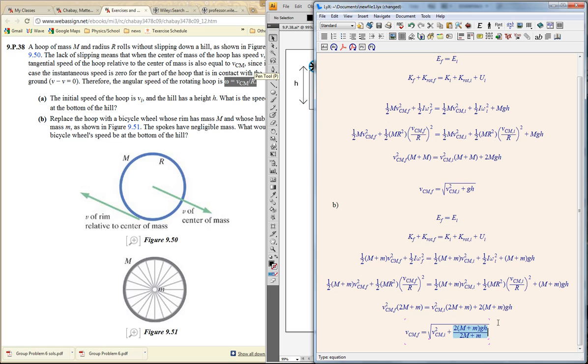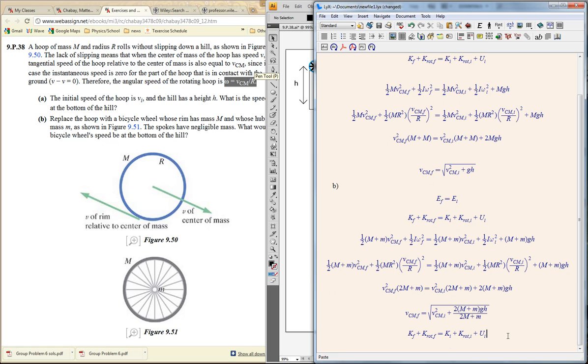How can we understand that? We can understand it by looking at the energy equation. Maybe I'll put that again down here. If you have a mass in the middle, little m, it's going to carry some translational kinetic energy. So the bigger that mass in the middle is, the more translational kinetic energy we'll have relative to rotational.